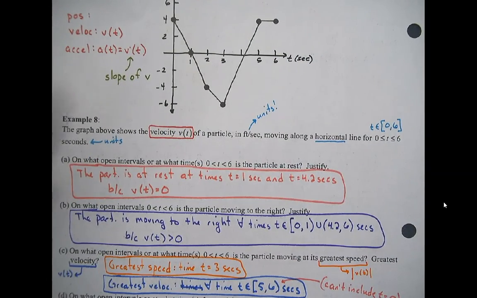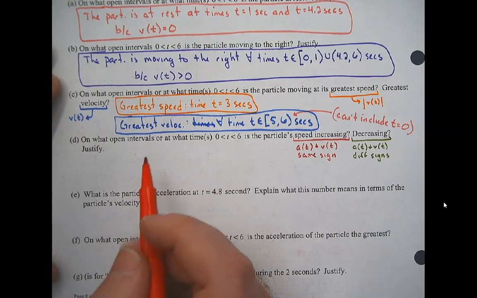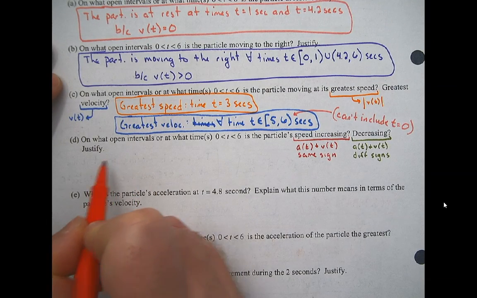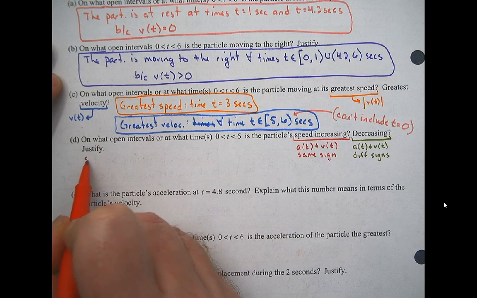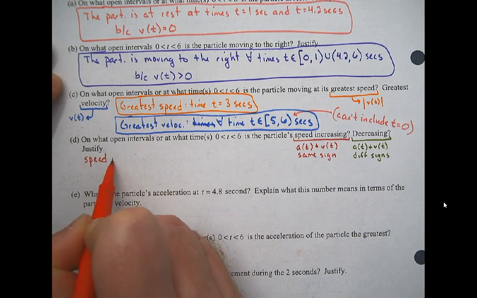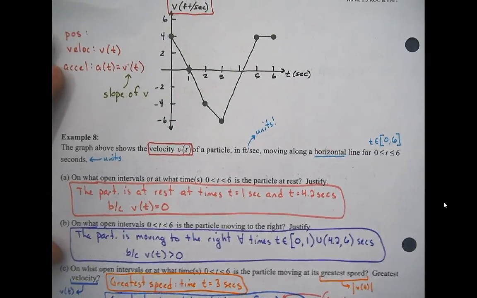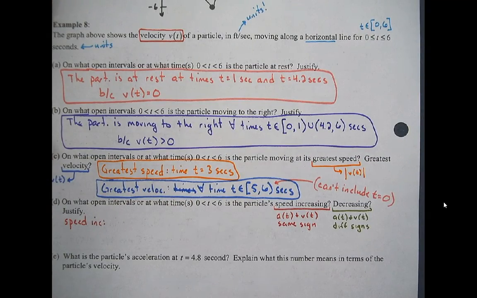So I'm looking for those two intervals. Okay, so let's see. If I go down here, I'm going to leave myself a little chart. When is my speed increasing? Okay. So I want my velocity and acceleration to have the same signs.